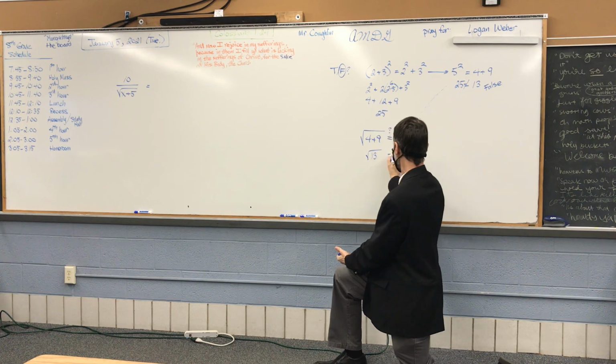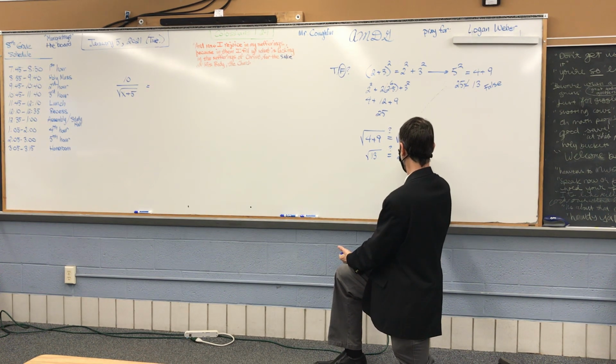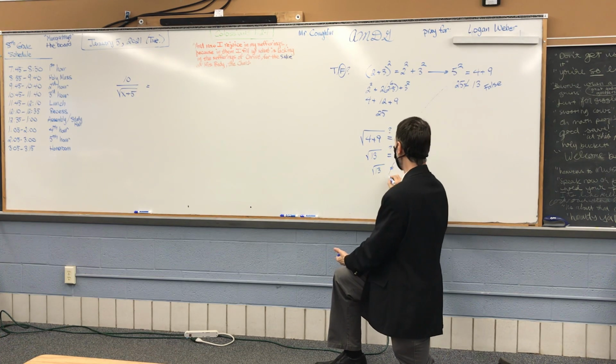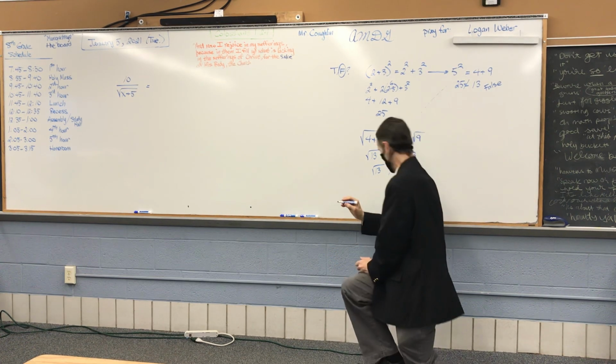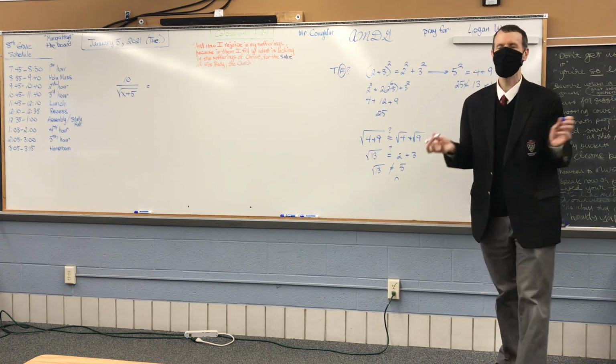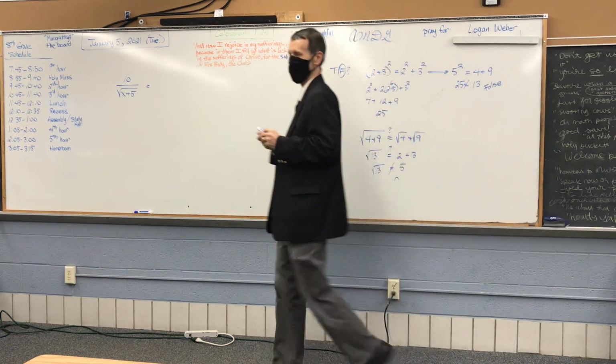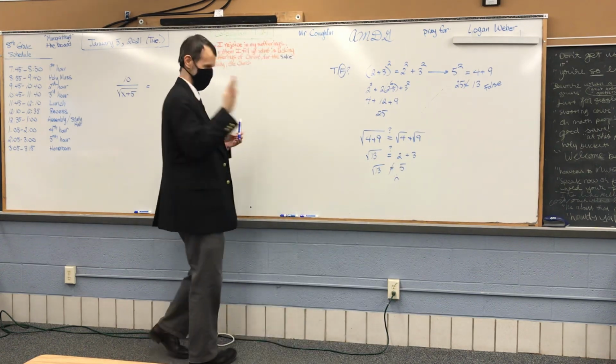And then radical 4 is 2, and radical 9 is 3, which makes 5. Is this true? No. Unfortunately, radical 13 is not 5. Radical 25 is 5. I don't even know what radical 13 is. It's like 3 point something. It's horrible.